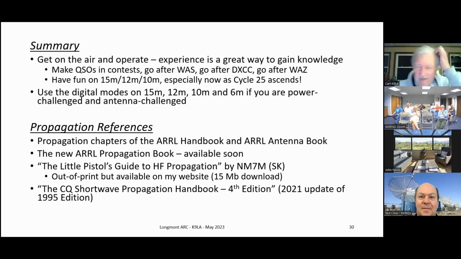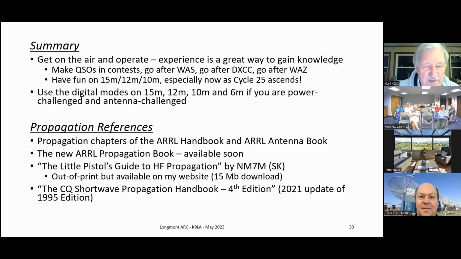There's some propagation references, ARRL Handbook and ARRL Antenna Book. There's also a new ARRL propagation book coming out. It's at the printer, as I understand it. Bob Brown, NM7M, who's a silent key, wrote the Little Pistol's Guide to HF Propagation. That's a good, easy read.